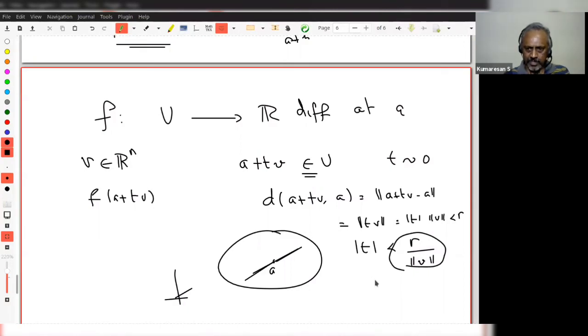Now, if you don't want to assume these things, I can start writing some nonsense. The only thing is, you should learn to go step by step and make sure you are making sense. Everything is precise. That's what we are doing. Otherwise, simply write f of a plus h, b plus k minus f of a, b, etc. But f of a plus h, comma b plus k must make sense.